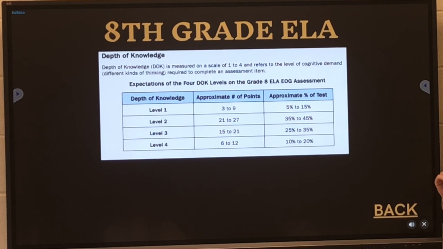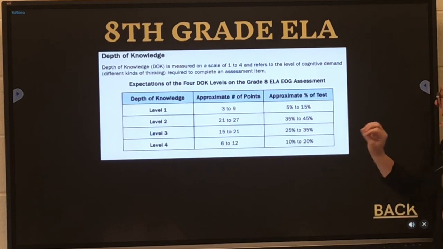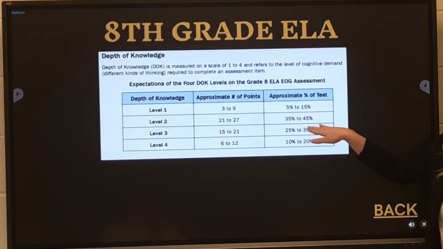The majority of questions fall in DOK 2 and 3, not DOK 1. Exactly, and that really opened my eyes to, am I really preparing them for their end goal at the end of the school year when my assessments are largely 1 and 2, but if I look here, level 3 is up to 35% of their tests.